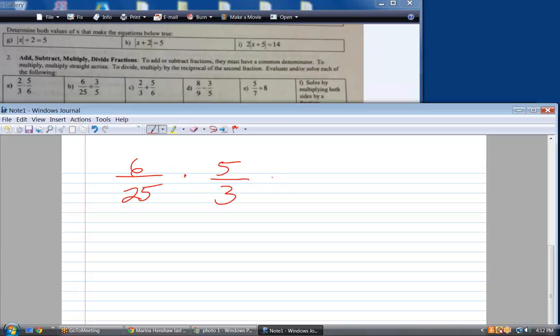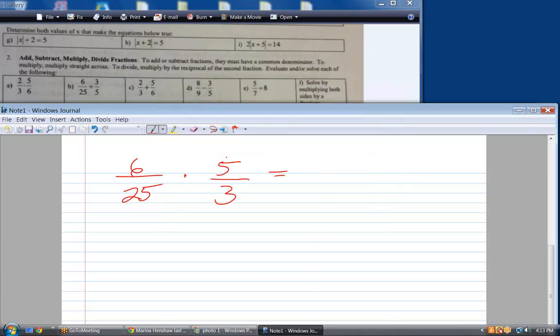And change it to multiply. Okay, now let's use that little technique. In other words, if you multiply it straight across, you're going to get 30 over 75. That's going to be harder to simplify than by reducing some where we can here. What can we simplify? 5 and 25, and then 6 and 3.